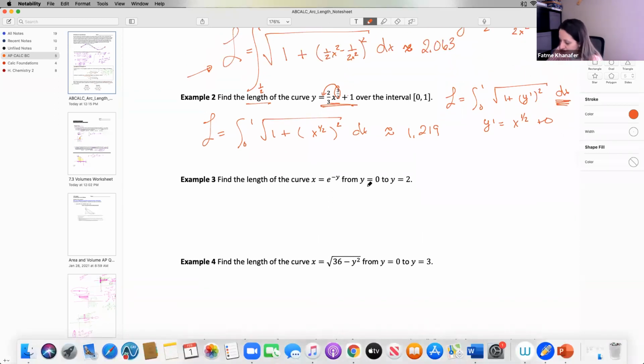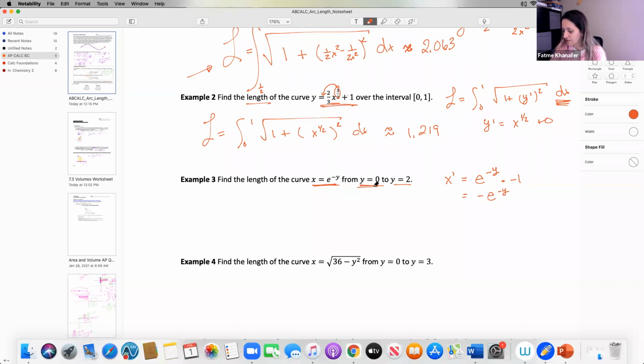Okay, find the length of the curve of x equals e to the negative y from y equals 0 to y equals 2. So here we got to get x prime, and the derivative of e to the negative y is just e to the negative y times the derivative of the stuff, which is times negative 1. So the derivative is negative e to the negative y.